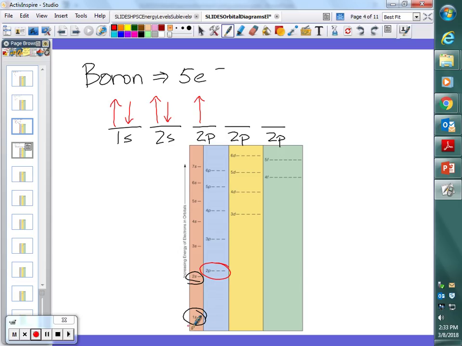The 1s orbital got filled first. Once that was filled, we moved up to the next lowest energy, the 2s orbital. But then we move up the chart. Yes, we have to move over a column, but the next lowest set of orbitals on this diagram are the 2p orbitals.